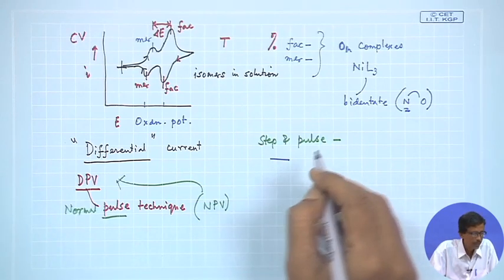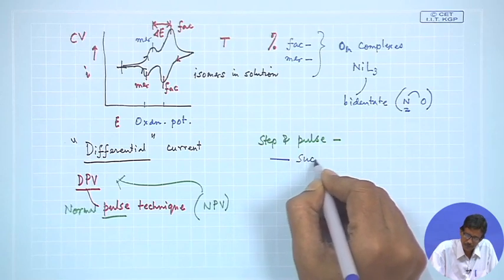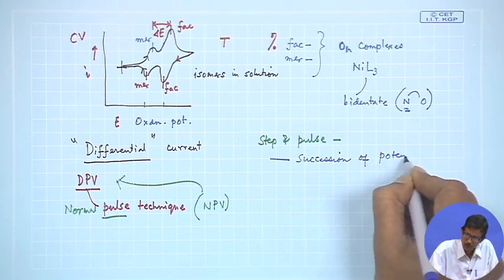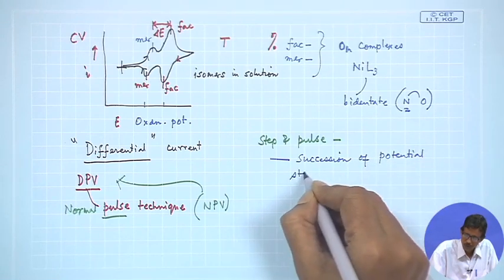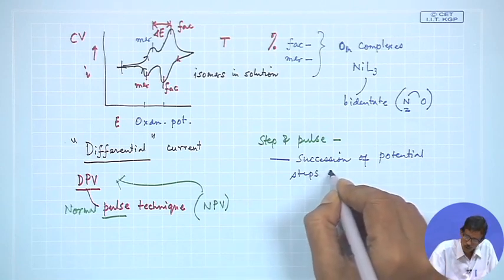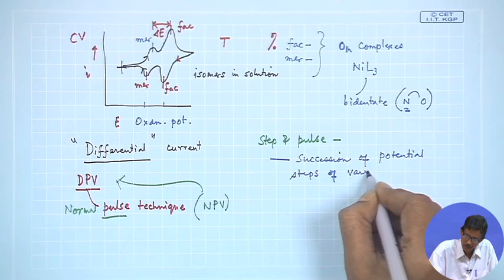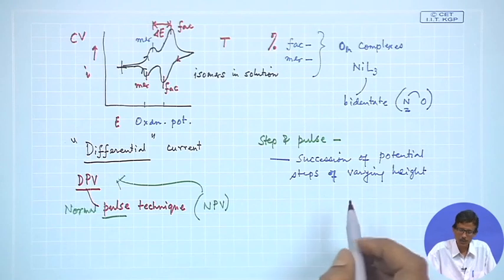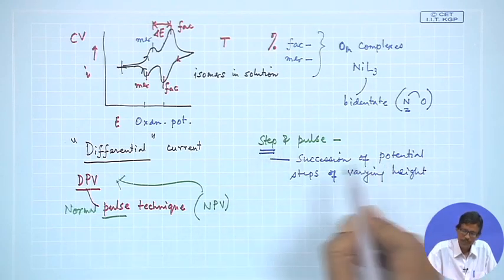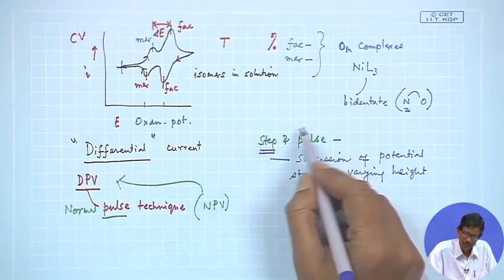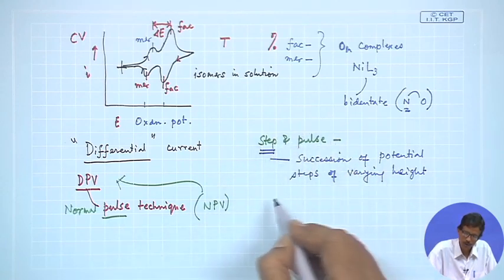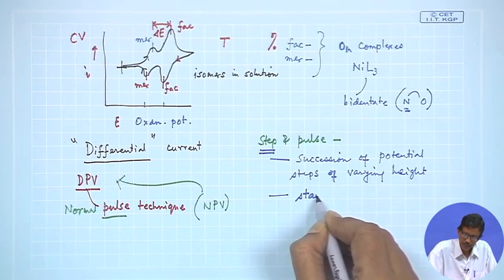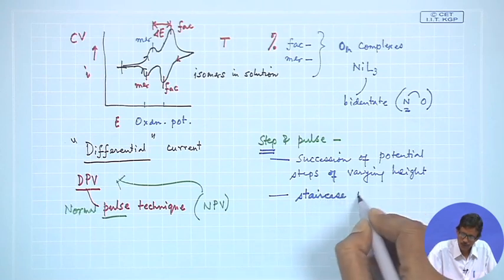We have a succession of potential steps of varying heights. That gives you the shape of these different steps, and next we get the corresponding pulse. It is not a continuous one, it is a pulsed one. So what we get there is a staircase waveform.